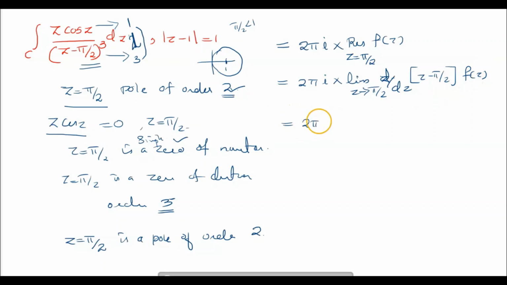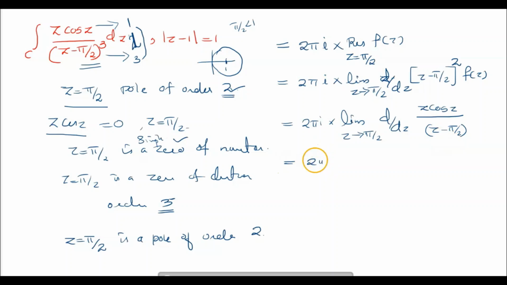That is, we get 2 pi i into limit z tends to pi by 2 d by dz of (z minus pi by 2) square into f(z), where f(z) is z cos z divided by (z minus pi by 2) whole cube in the denominator. So (z minus pi by 2) whole square cancels with each other. Therefore we get z cos z divided by z minus pi by 2.